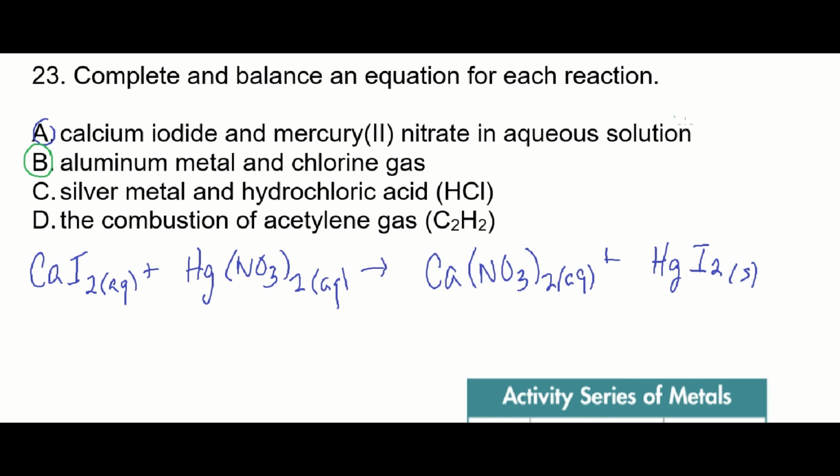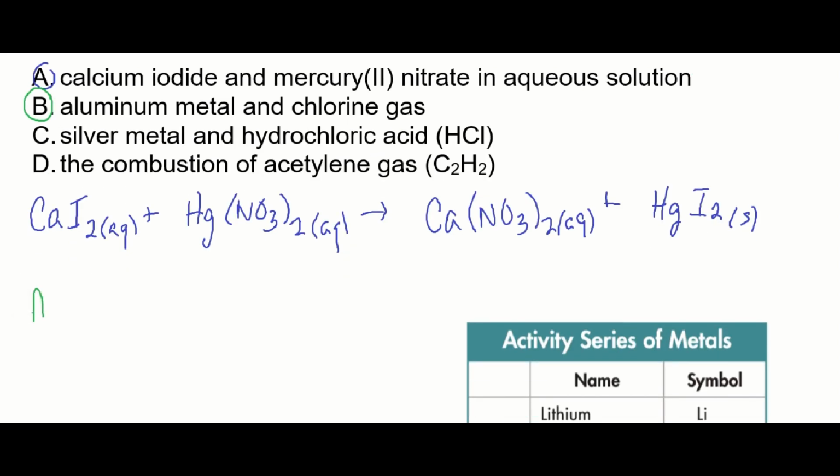Part B, we have aluminum metal. And we have chlorine gas. Chlorine is one of our diatomic elements. So that's Cl2. I'll put (g) in parentheses. Now these are 2 elements, so the only thing that can happen is for them to combine.